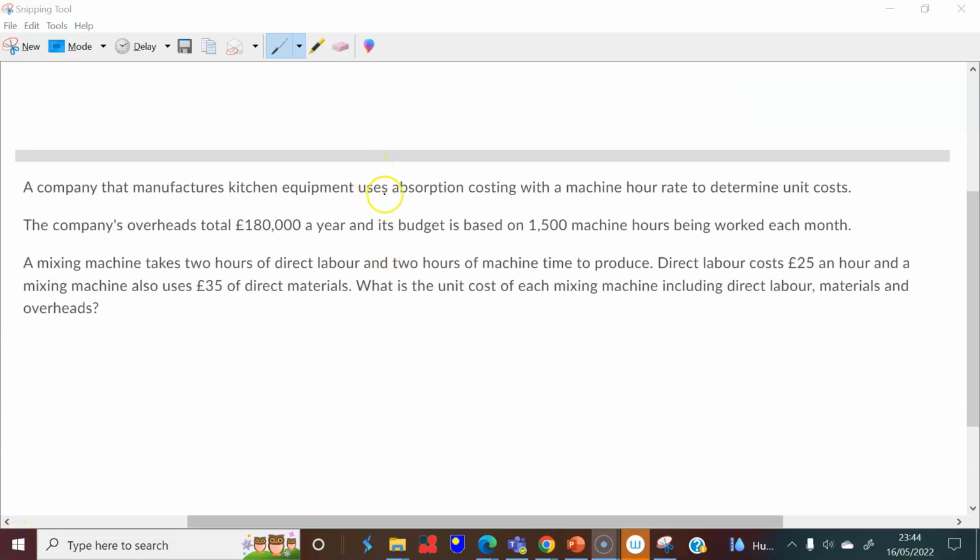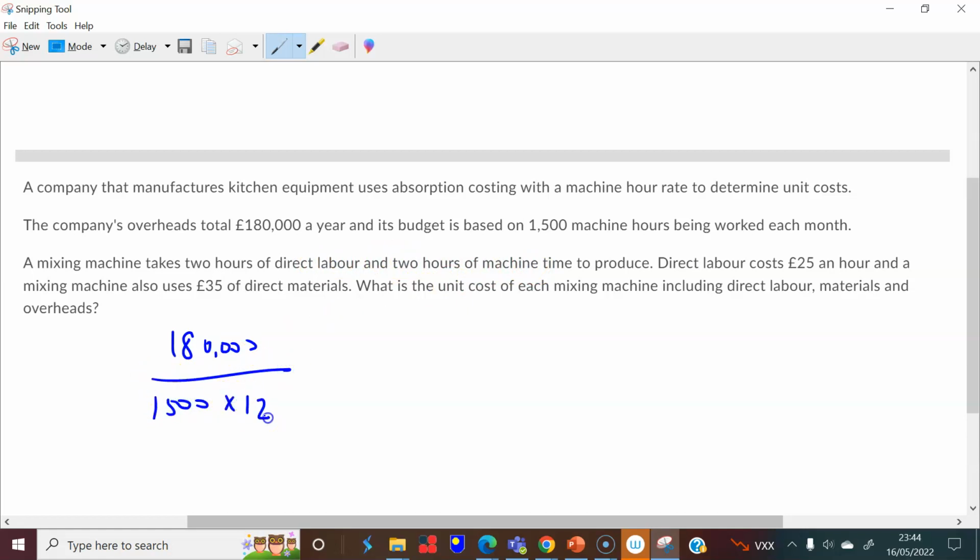Right, so what do we have here? We have a company that manufactures kitchen equipment using absorption costing, where machine hour rate is used to determine costs. The company overheads are 180,000 a year. The budget is based on 1,500 machine hours a month.